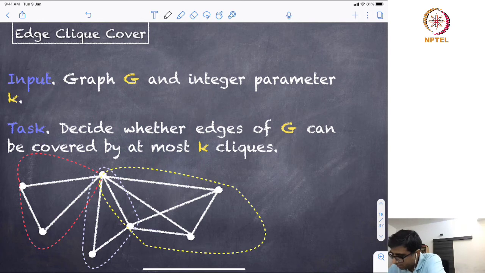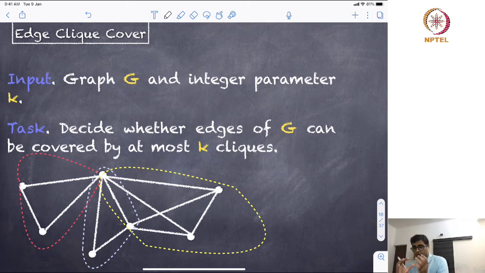So look at this example here. We have this blue clique, red clique and yellow clique, and any edge must belong to one of the cliques. So this is your graph, and you can just check that every edge belongs to some clique.